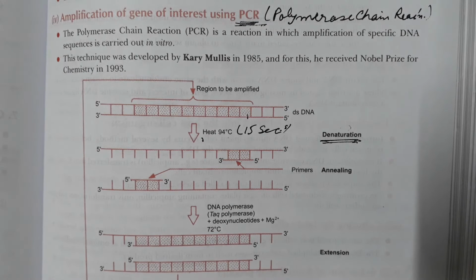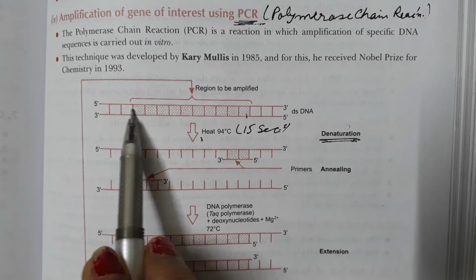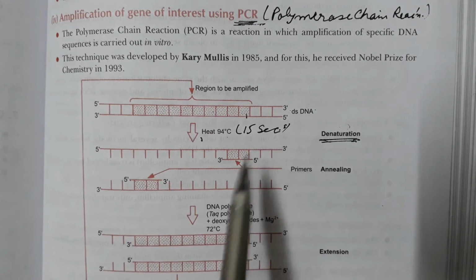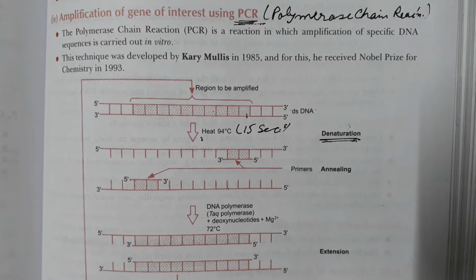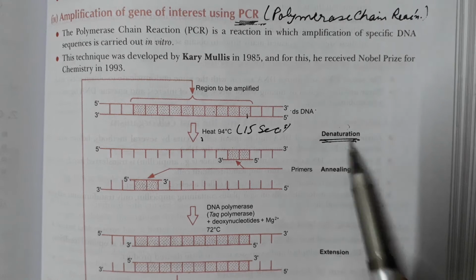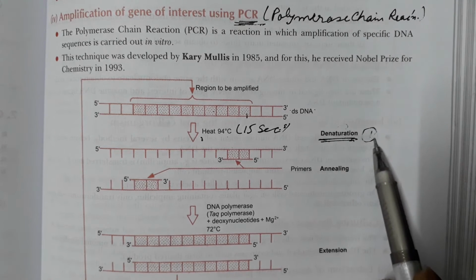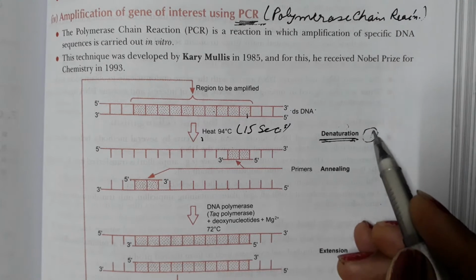As the hydrogen bonds break, the double-stranded DNA separates into single-stranded DNA. This step is known as denaturation, the first step of polymerase chain reaction.